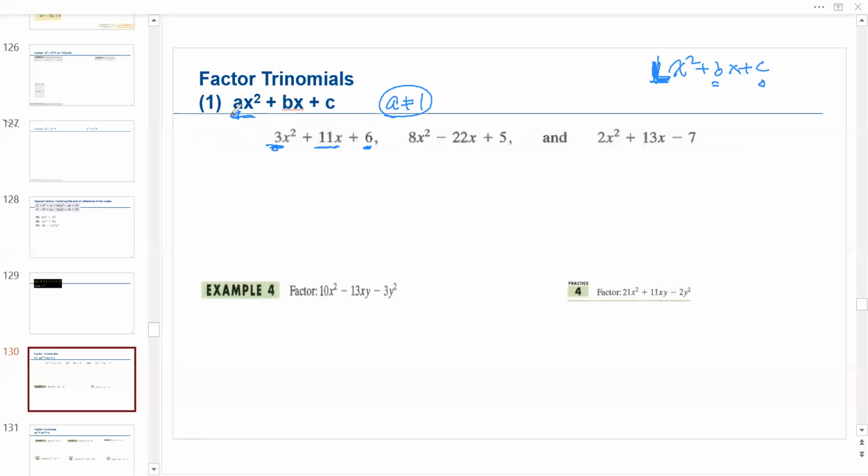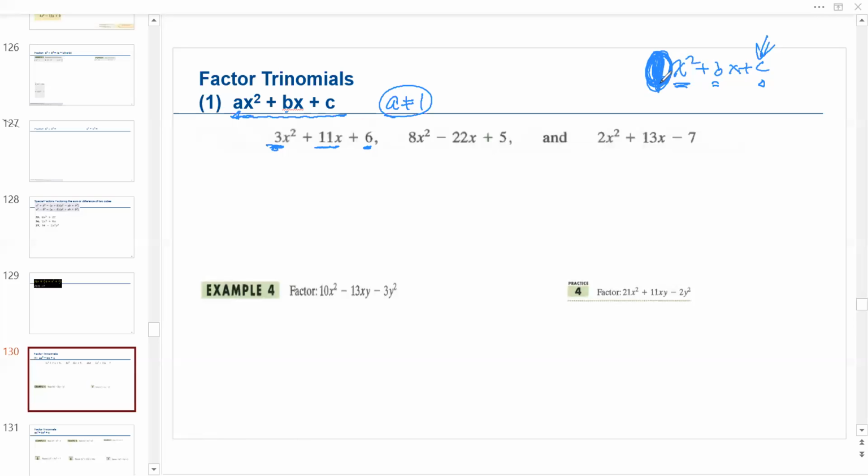If you match up this description, ax squared plus bx plus c, the coefficient here is 3, 11 for b, and c is 6. So how do we factor this one? We cannot use the earlier methods, factoring this c, because the coefficient in front of x squared here is not only 1.